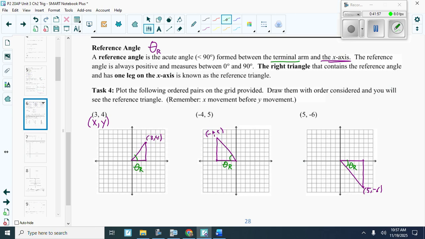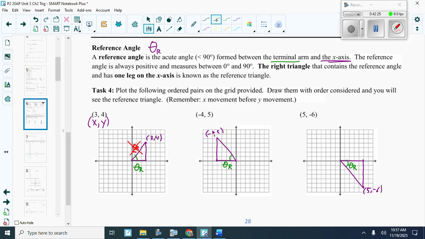I'm going over this a few times simply because some people see a triangle, or maybe they won't draw the triangle, they'll just draw the terminal arm. I never ever want to see the reference angle drawn here, between the terminal arm and the y-axis.